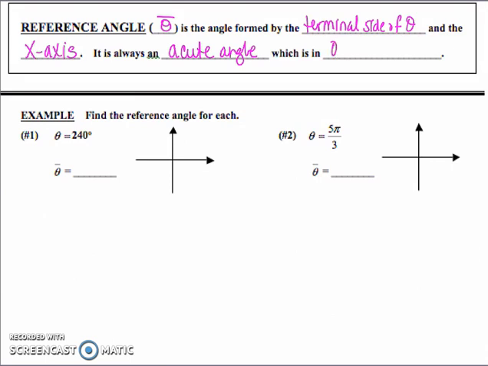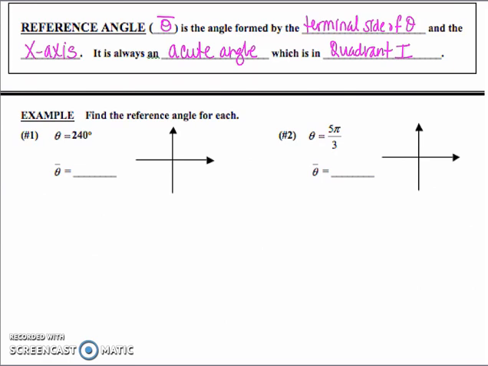Which is in quadrant 1, right? So same rules apply for reference angles in this chapter as they did in last chapter. We're looking at the shortest distance between the terminal side and the x-axis, and this angle is always going to be positive.